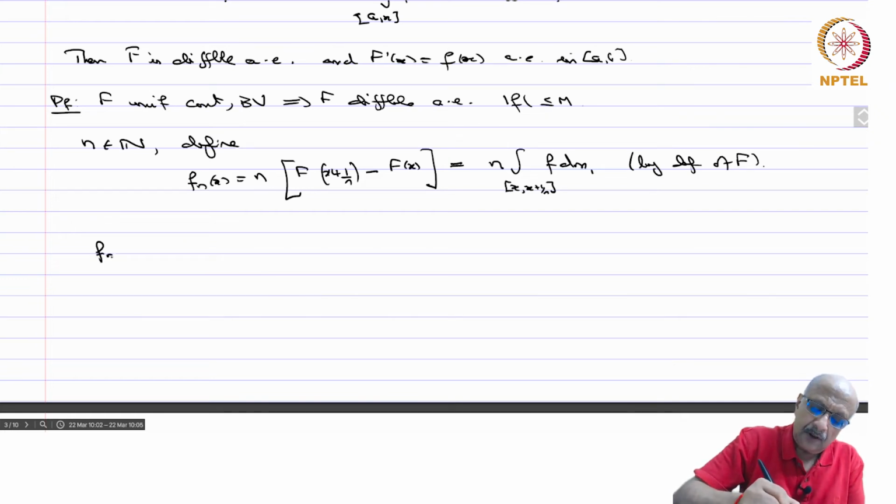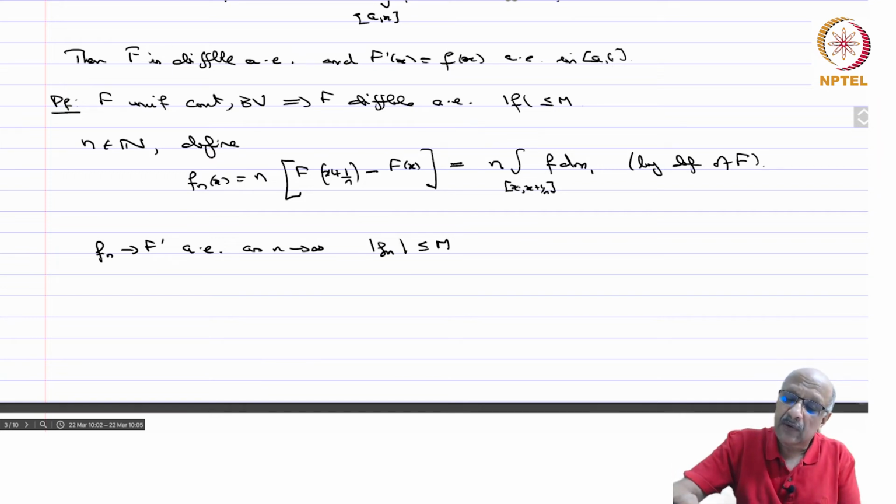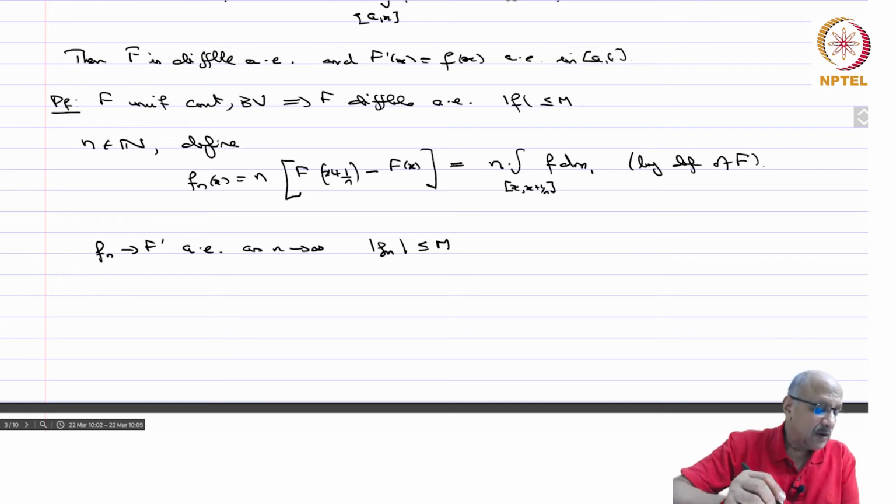Then F_n converges to F dash almost everywhere as n tends to infinity, that is by just definition, and you also have mod F_n is less than or equal to M, because mod f is less than or equal to M. If you integrate over this, it will be less than or equal to M times 1 by n into n, and therefore you have this bound.